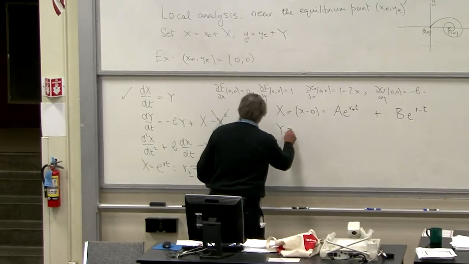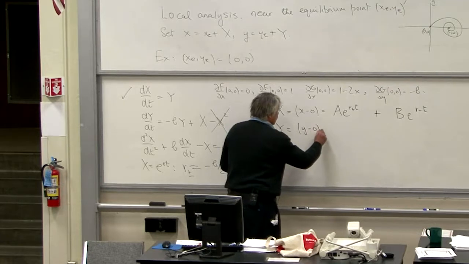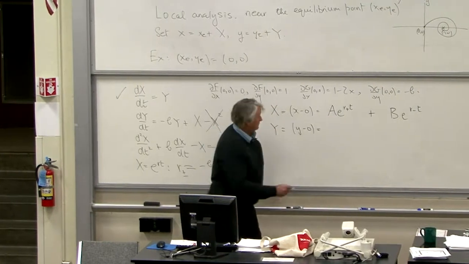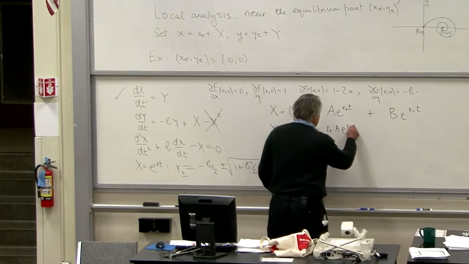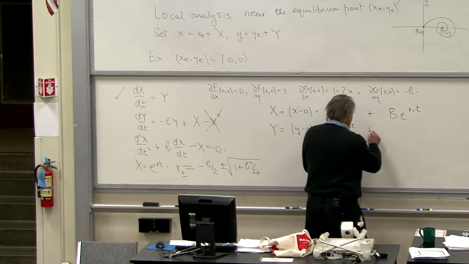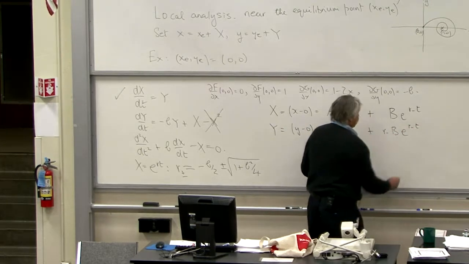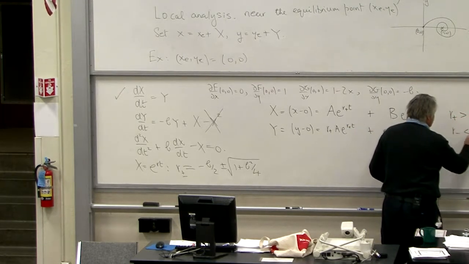The y we compute, it's just dx by dt, and that's the same as y minus 0. That's the derivative of this. So it's r plus times a e to the r plus t, plus r minus b e to the r minus t. Remember, r plus is positive, r minus is negative.